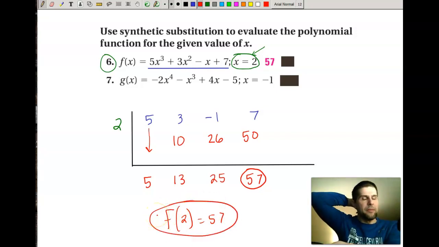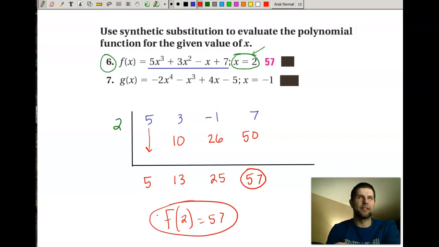So you might be asking yourself the question, why would I use synthetic substitution? What's the point when I can just use direct substitution and get the same answer? Once we get into further sections, we're going to use the same process, this synthetic algorithm, to do a lot of other things.